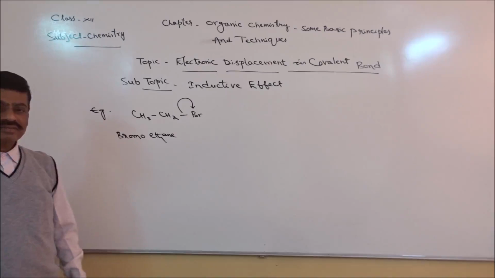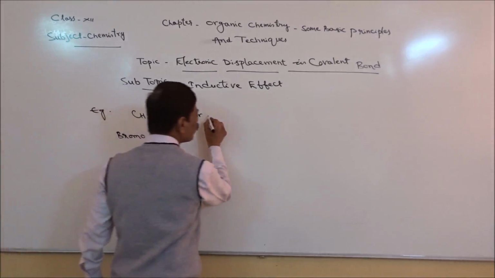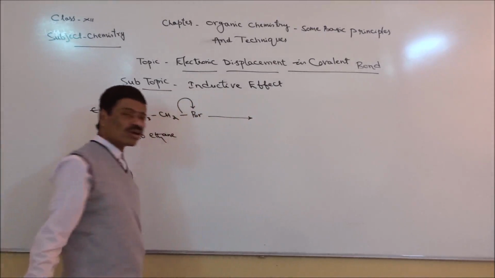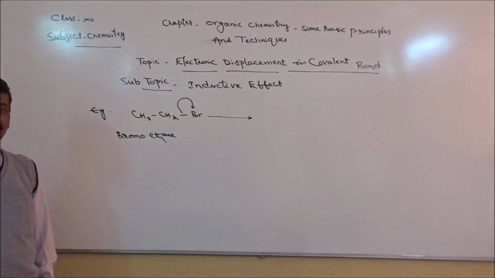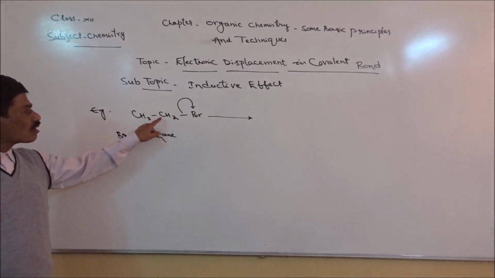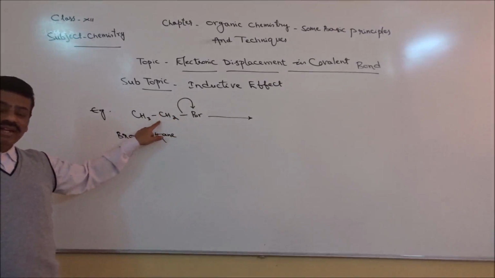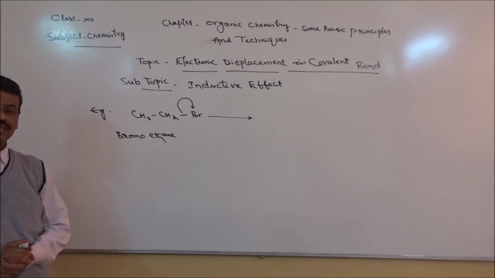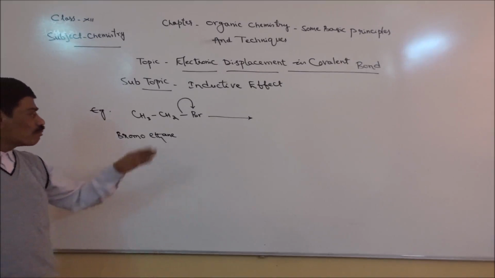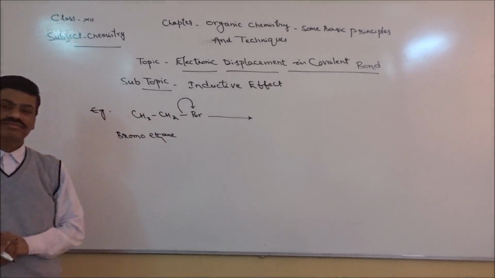As a result, what happens is Br will get more electron density over it, and this carbon atom, first carbon atom to which Br is linked, will get positive charge. But here one point to be kept in mind, that is Br will not be fragmented from ethyl group.